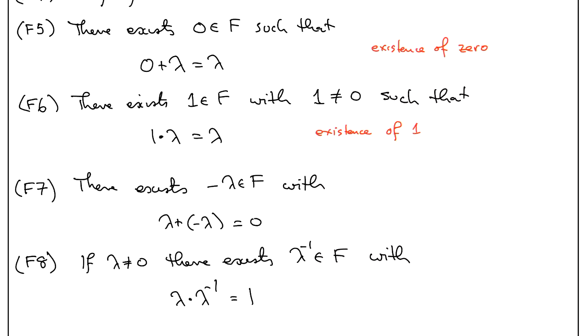Okay? So just notice at this stage, though, in a field, there's technically no such thing as subtracting one thing from another. What it really means to do 7 minus 7 is 7 plus the additive inverse of 7, 7 plus minus 7.